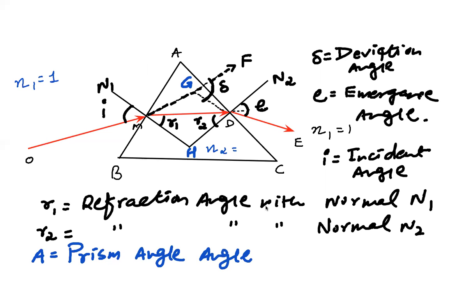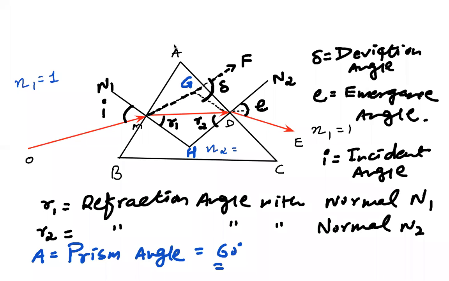It looks like that triangle and each angle contains 60 degrees. So whenever you are solving examples, the prism angle is always 60 degrees. We will place this in examples, but for your memory, I am putting it over here. So now the figure is quite clear to you.